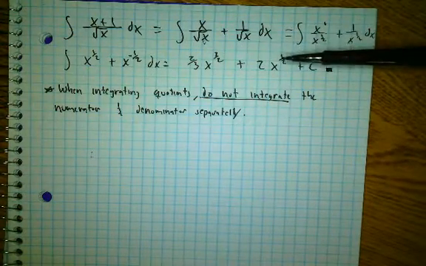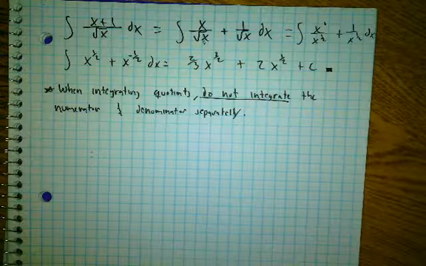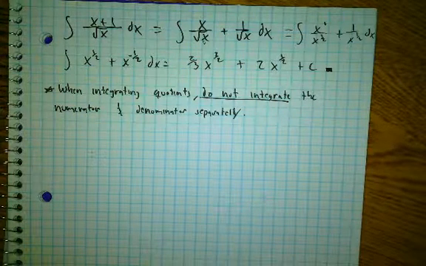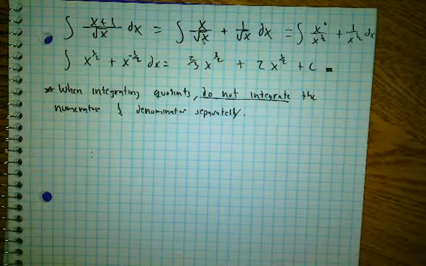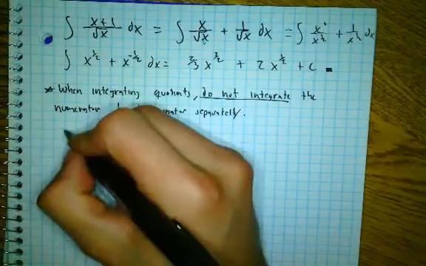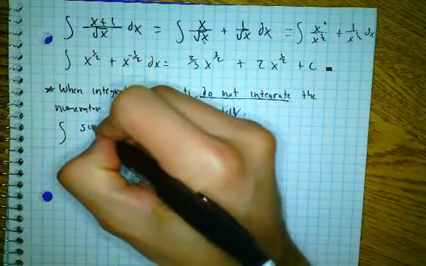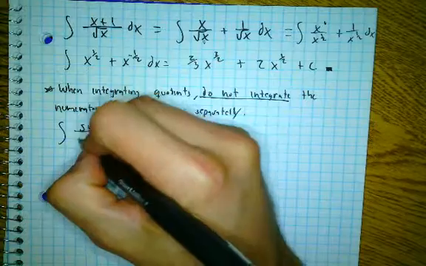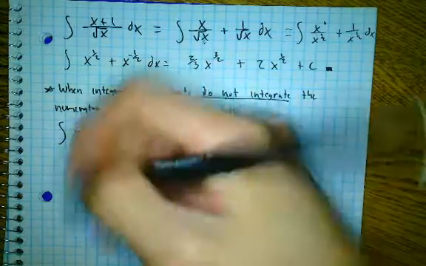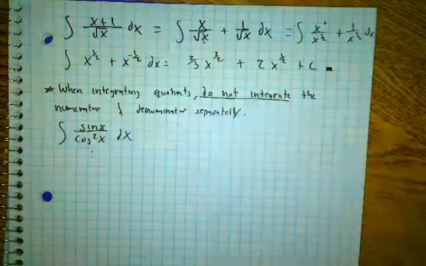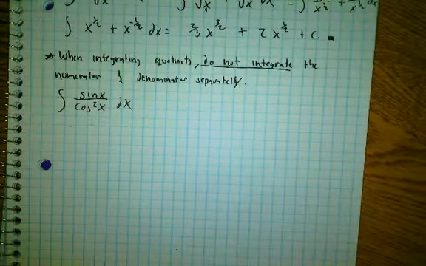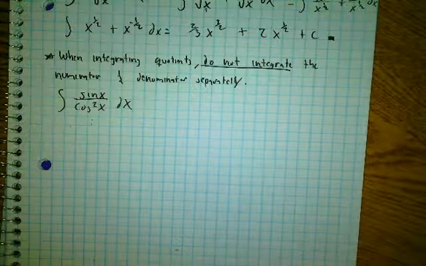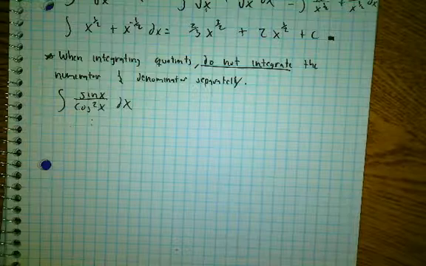Antiderivative of sine over cosine squared x dx. Alright, for this one, I went ahead and rewrote it as sine over cosine times cosine.